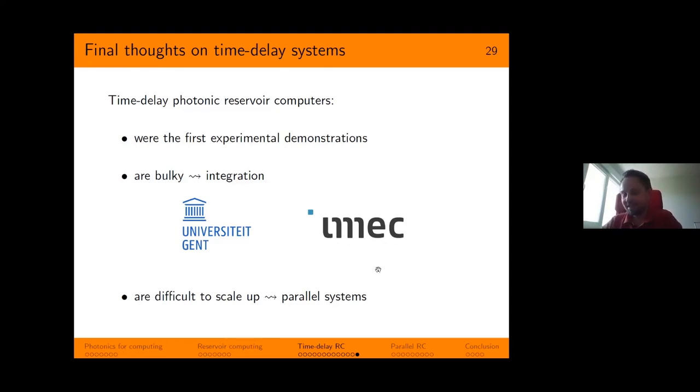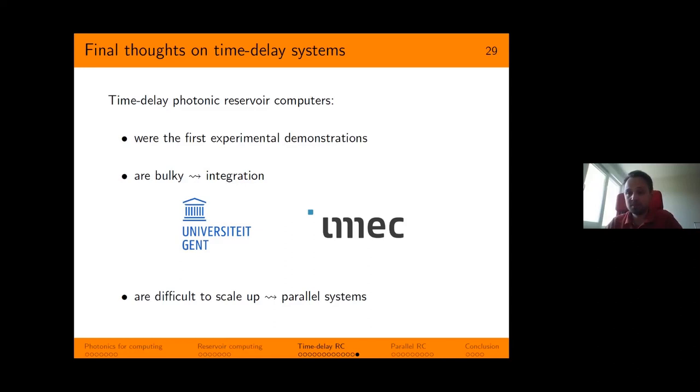And the second drawback of the time delay systems is that if we want more computational power, we need to increase the size of the reservoir, right? 50 nodes is not that much, and even 600 is not that much for complex tasks. But if we want to increase the size of the network, we need to increase the delay line to fit these nodes into the queue.